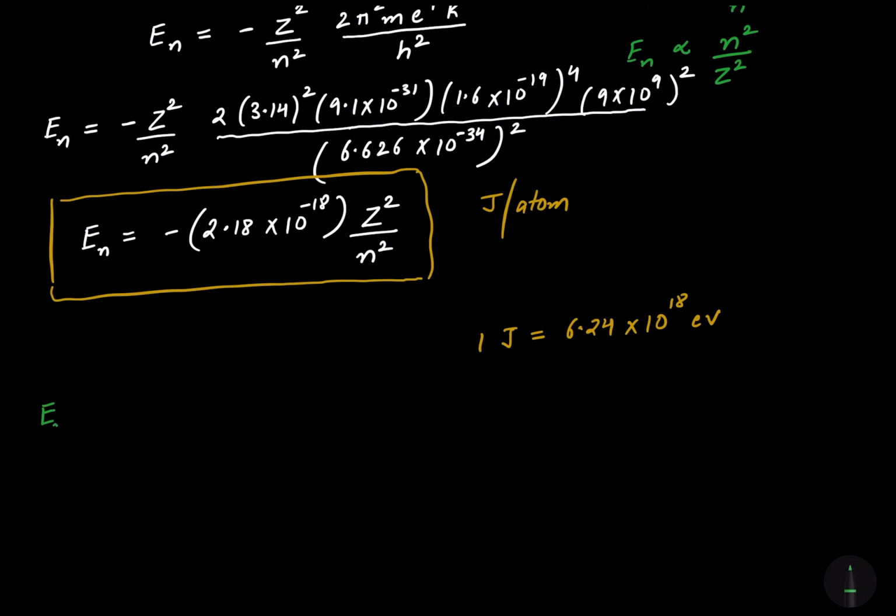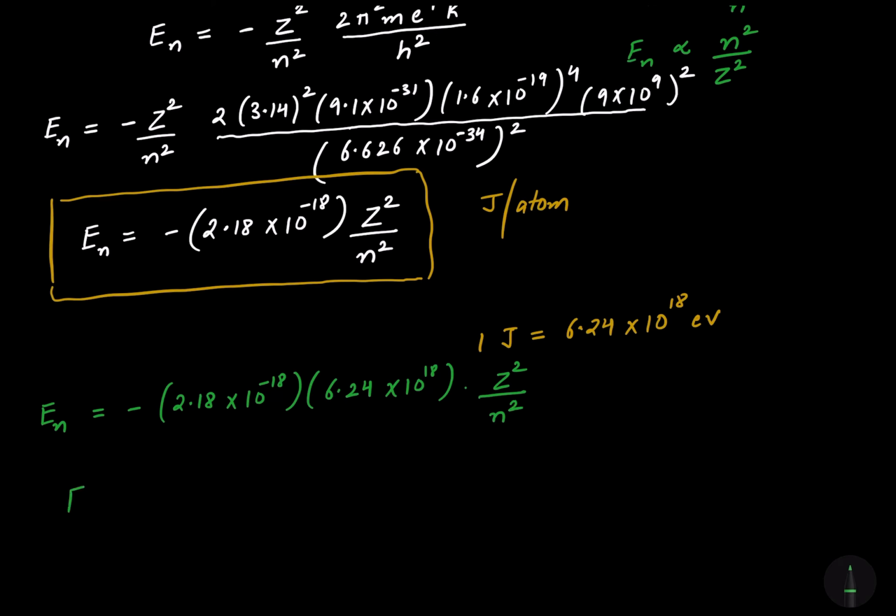So what I will do, energy of electron in nth orbit comes out to be minus 2.18 into 10 raised to the power minus 18 into 6.24 into 10 raised to the power plus 18 into Z square divided by n square.